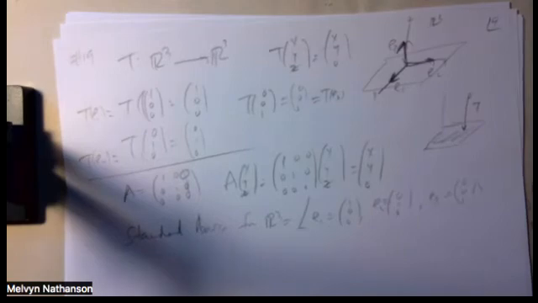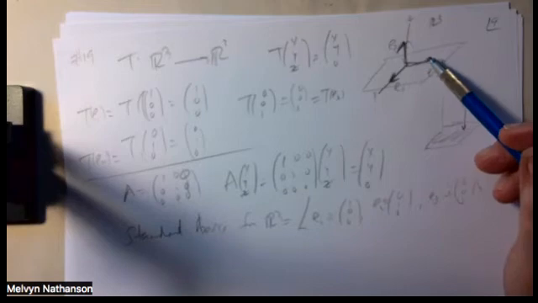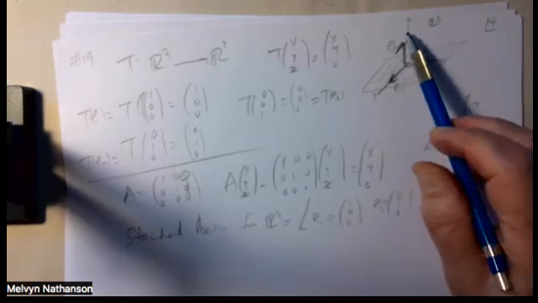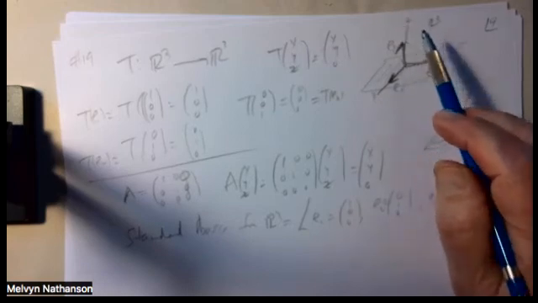I mean, geometrically, you can see by looking at this picture hard enough what the image and the kernel are. The image is just the XY plane. Every vector gets mapped to the XY plane, and the kernel is the Z-axis. The vectors that get mapped to 0 are just the vectors on the Z-axis.